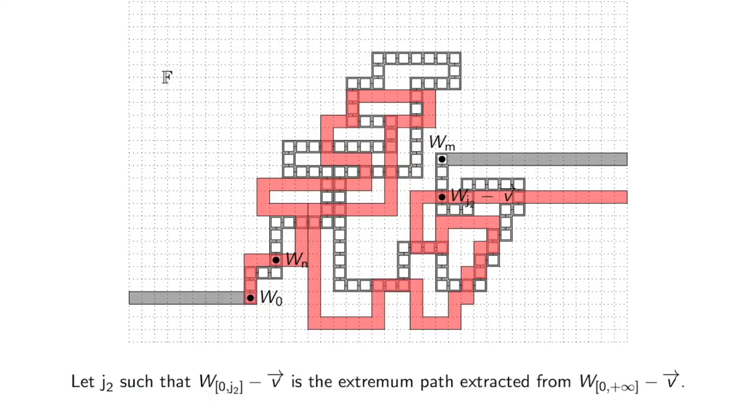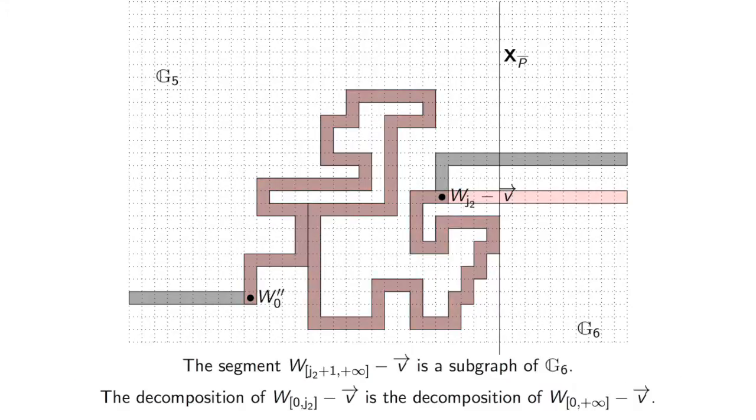As a corollary of this result, the red segment starts at position W0, and there exists an index J2 such that the extremum path extracted from the red path is the translation by -V of the segment of the window W from index 0 to index J2.